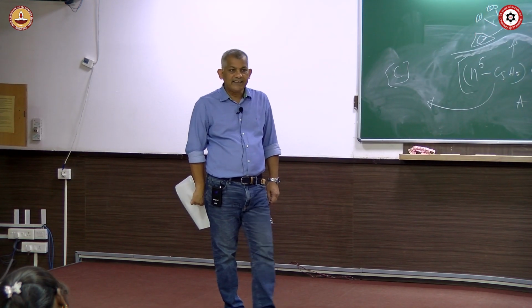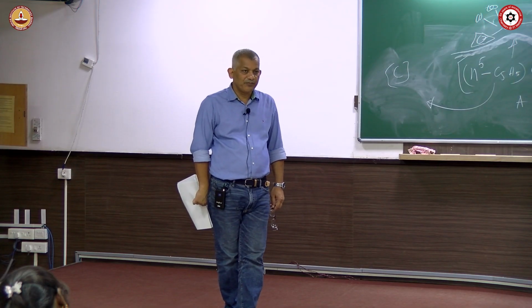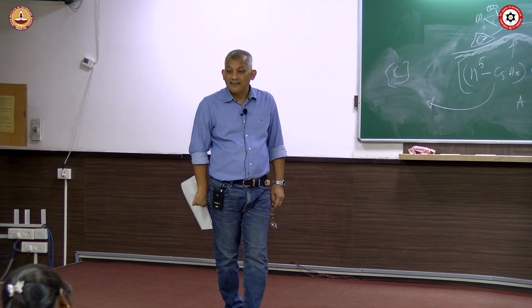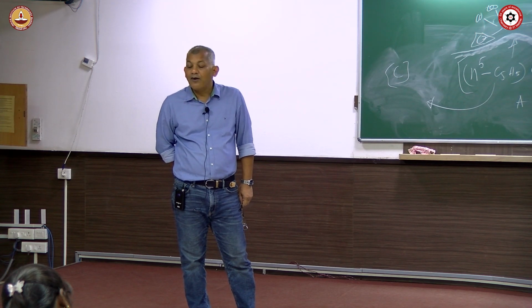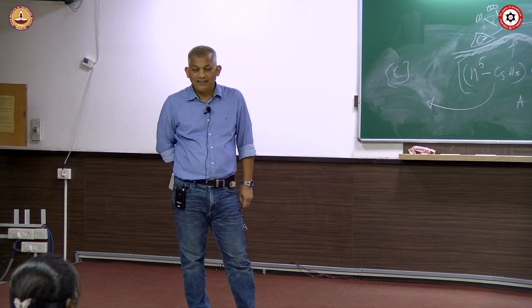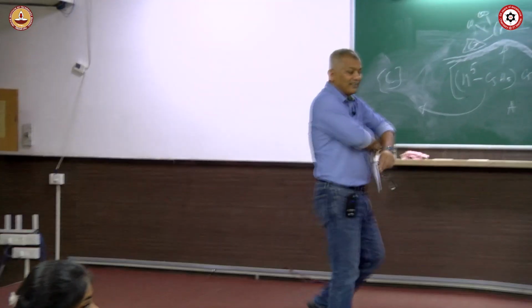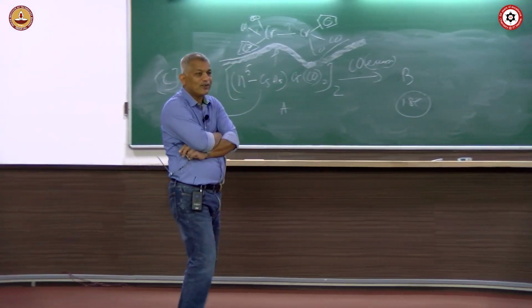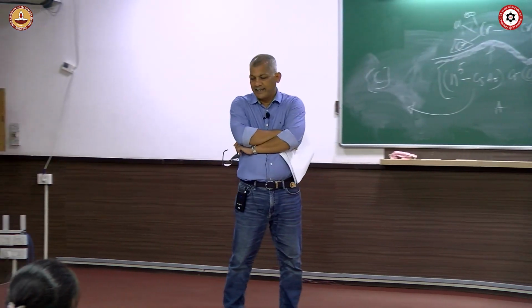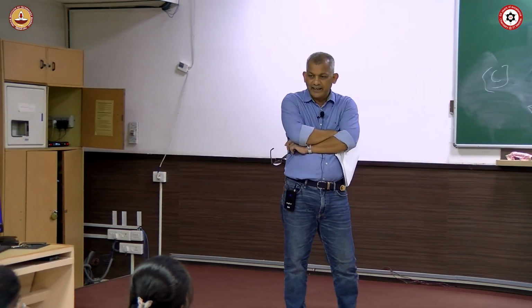So to make it 18 electron, what you need to do? Speak loud. I cannot give you anything, with that only you have to work on it. How can I make this molecule 18 electron?